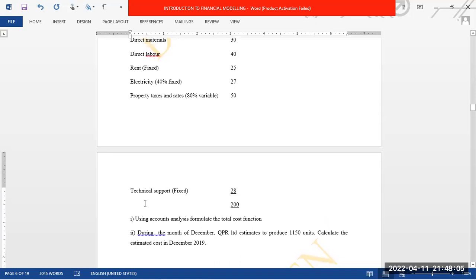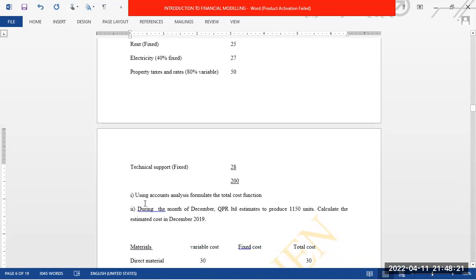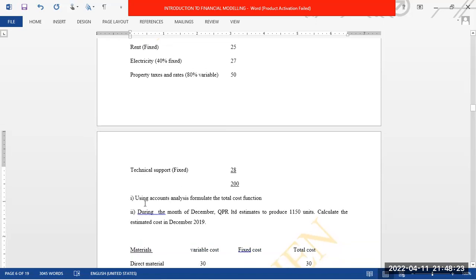So 80% of 50 will give you the variable cost, and the remaining will give you a fixed cost. So you just take 0.8 times 50. You're supposed to get 40 shillings, or 40,000, as variable cost.